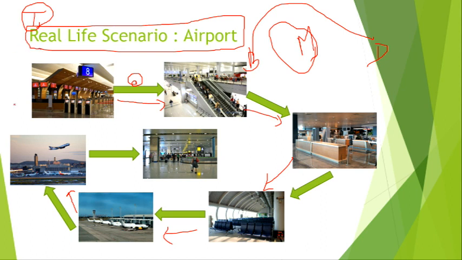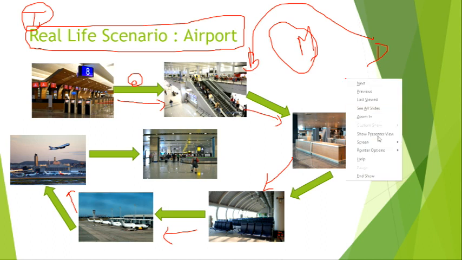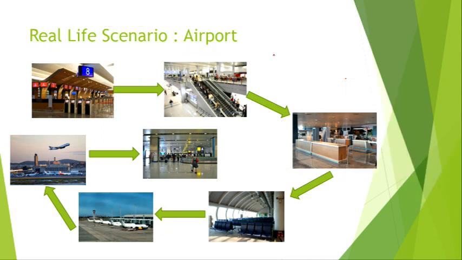There is some basic structure of the airport, and there are protocols for communicating between the components, and what will happen in each component. So the whole picture is called a framework.